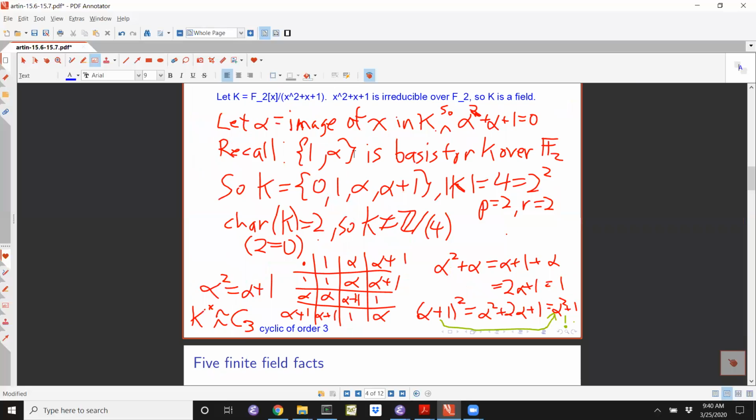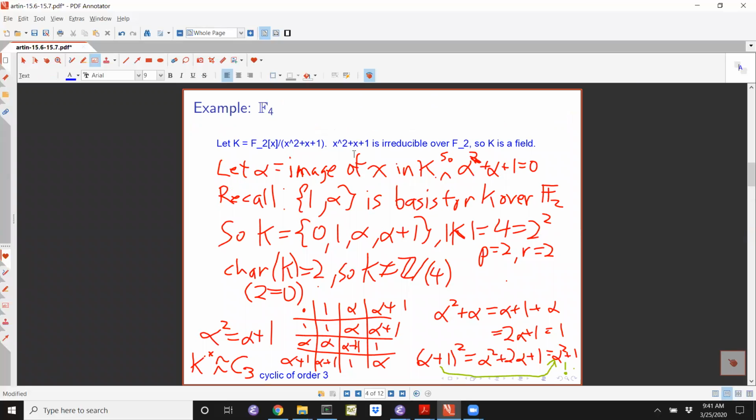All right, so are there any questions about this example F4 before we go on to the general facts about finite fields? Everybody ready to move on? Or ask a question if you like.